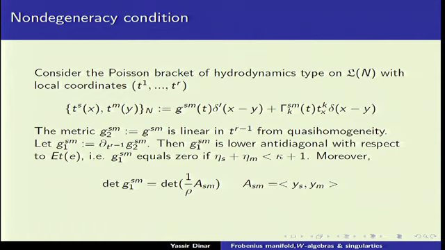We get a Poisson structure of hydrodynamic type on this subvariety Ln, and this is a classical W-algebra. The leading term will give me a hydrodynamic type. That means I have a metric here, and I have to show that this metric is non-degenerate, so that it will give me a flat pencil of metrics.